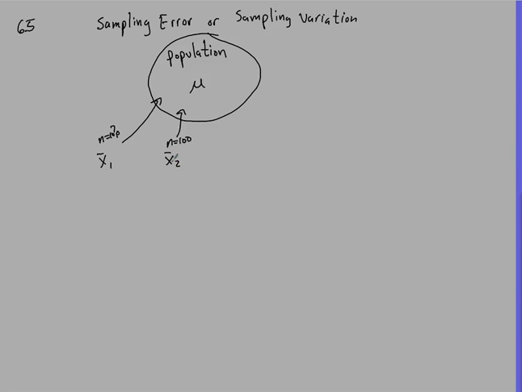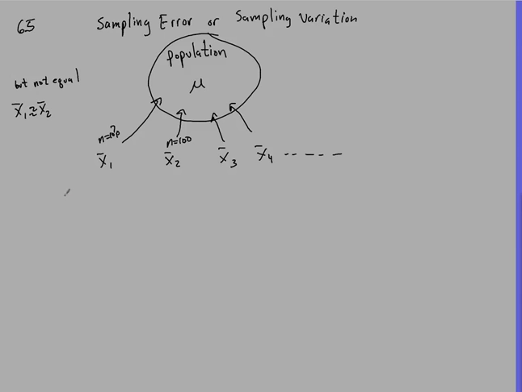Most likely x bar 1 will be close to x bar 2, but probably not equal. I think everybody could agree that's just common sense. If you take two different samples, you're probably going to get different results, and the same goes if I take an x bar 3, an x bar 4, and so on.